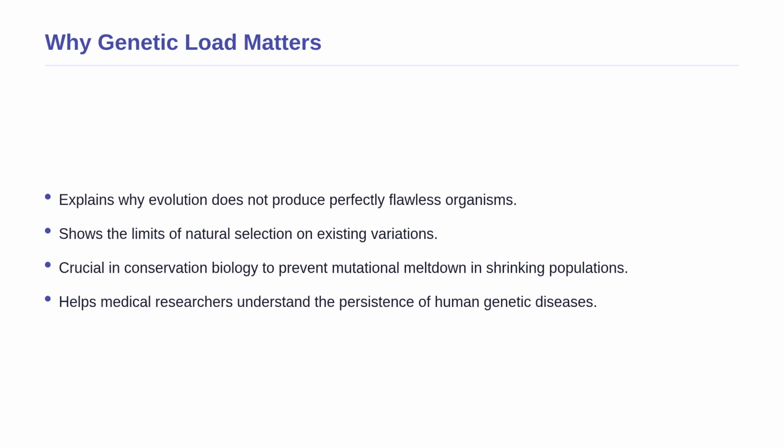In the real world, this concept is heavily used in conservation biology to save endangered species. When a population shrinks, it tends to accumulate a high genetic load due to inbreeding, which can lead to a dangerous downward spiral called mutational meltdown. Furthermore, in human genetics, studying genetic load helps medical researchers understand why certain genetic diseases persist within our own populations today.